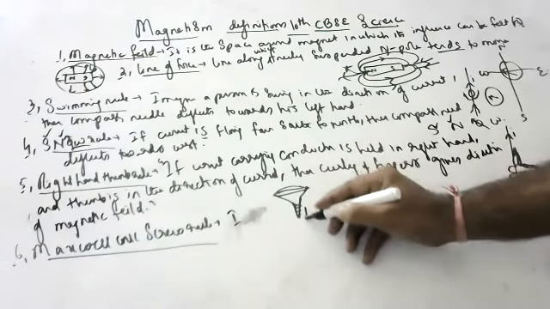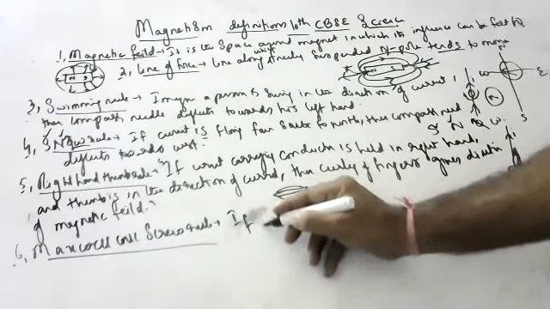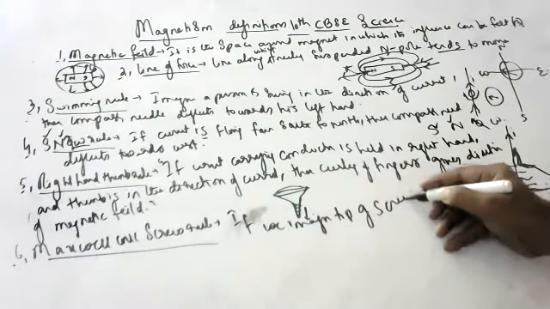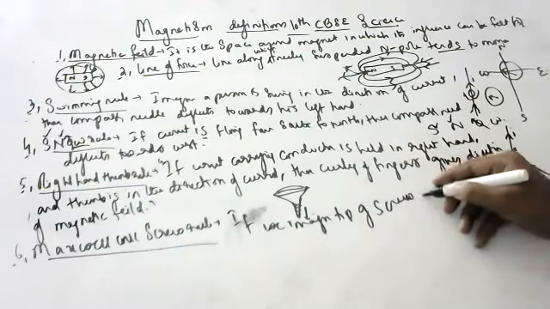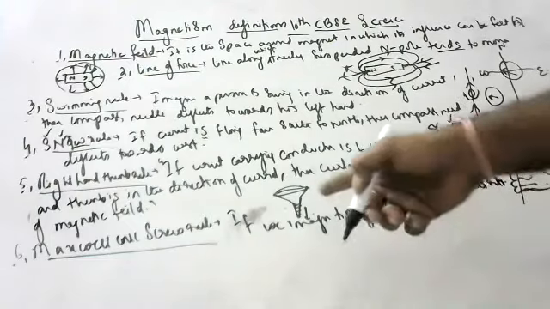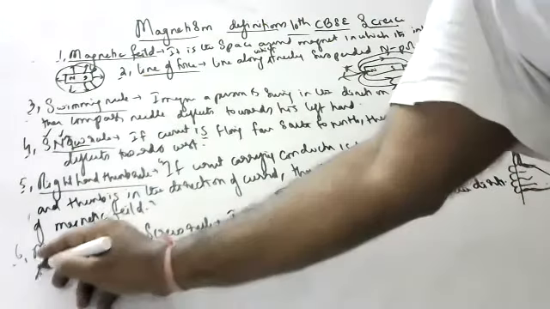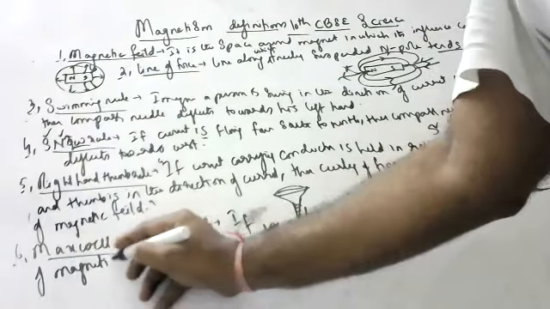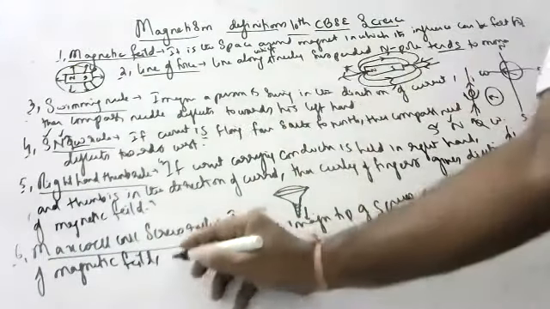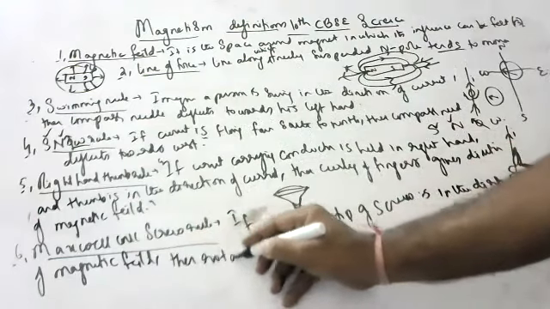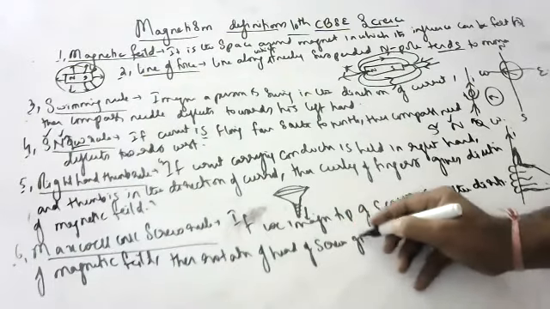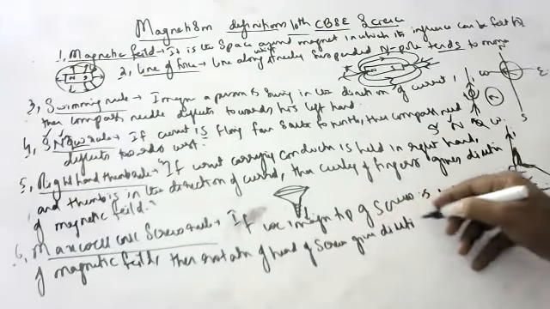If we imagine the tip of the screw is in the direction of magnetic field, then the rotation of the head of the screw gives the direction of magnetic field.